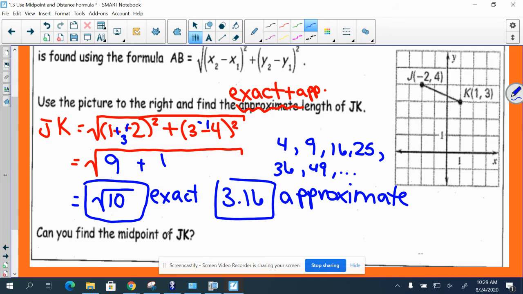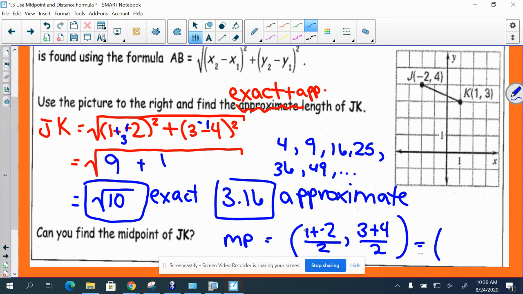All right. How about the midpoint of JK? How would we find the midpoint? Well, remember for the midpoint, do you remember the cheer? It's midpoint. What do? Add the x's together. So 1 plus -2, and divide by 2. And then add the y's together and divide by 2. So 3 plus 4 over 2.